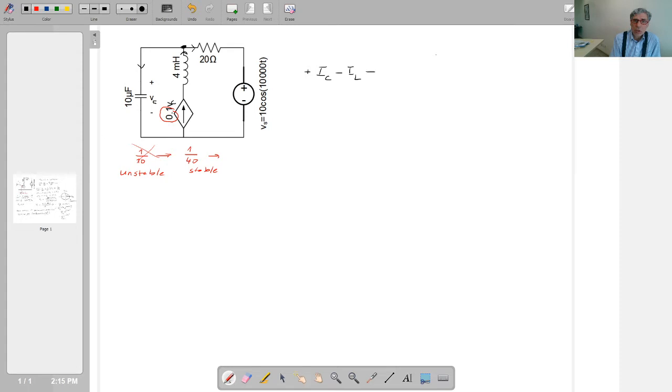This resistor current is, now this is the node voltage VC, this terminal. The other terminal node voltage is Vs. So (VC minus Vs) over 20 is IR, equal to 0, the Kirchhoff current law equation for this node.